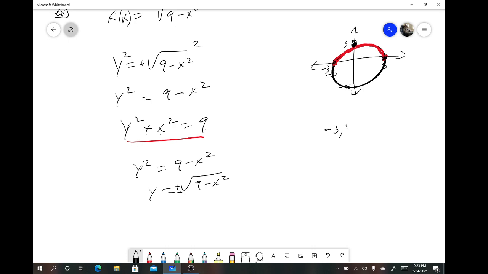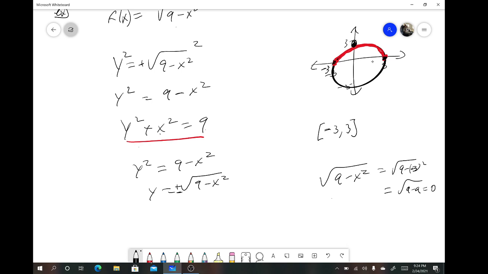Clearly from the picture we know that that's going to be negative 3 to 3, and they're included, because if you plug in negative 3 into this function, then what do you get? You get 9 minus 9, which is 0, so that's included. And if you just plug positive 3, you're also going to get 0, so that's also included.